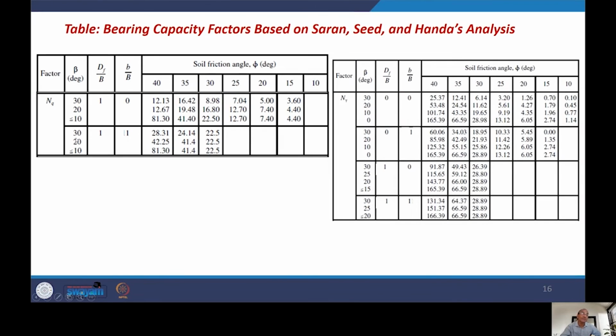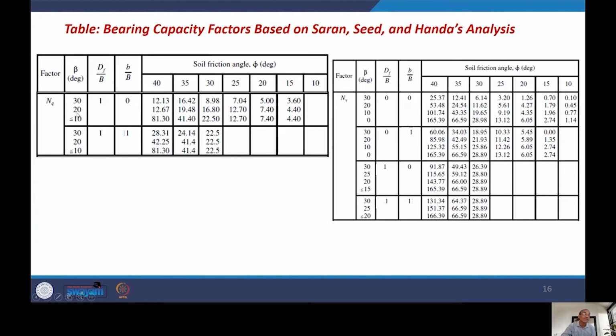For the other two parameters, NQ and N gamma, this is given here. For NQ, you will see the range of the slope is not wide, because one condition is required here: the value of beta can't be more than the friction angle phi. That condition needs to be satisfied whenever you use this.